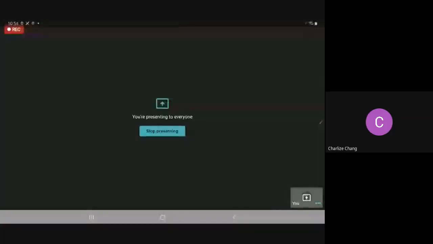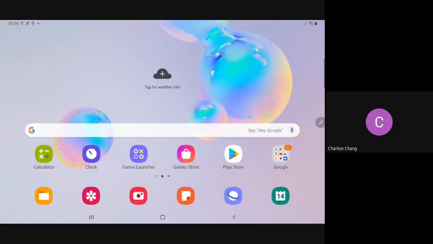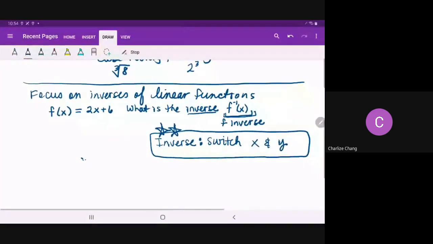Let's see if that fixes it. Oh, present screen. Let's see if you get my screen now. Hopefully. Looks like it. Let me go back to OneNote.